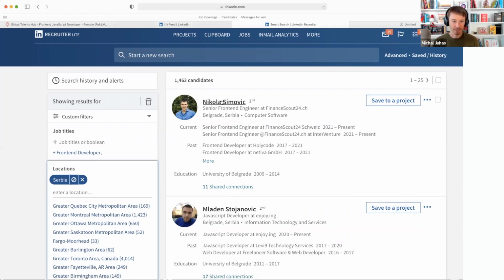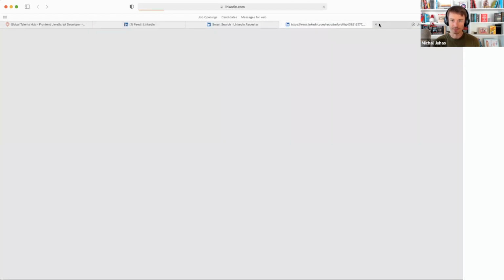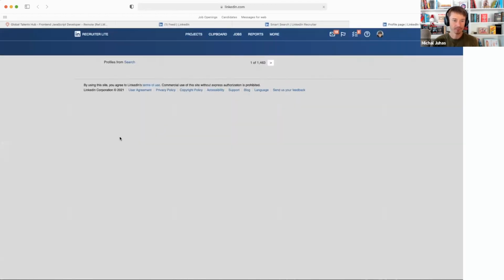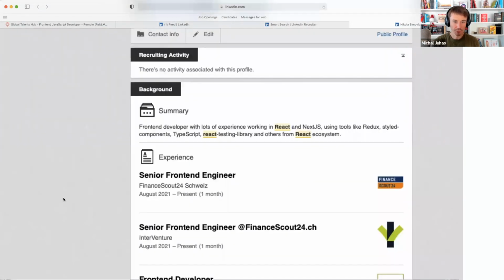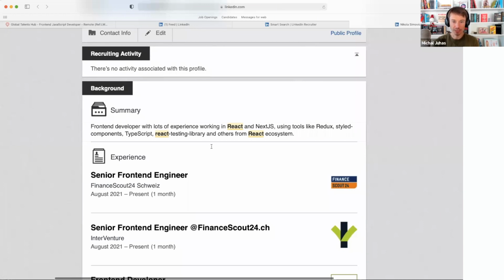So Nicola from Serbia. Let's see. Front-end developer with lots of experience working in React and Next.js. I mentioned Next.js in the new mind map, so you guys are going to get it soon, using tools like Redux. They also use Redux in this company.